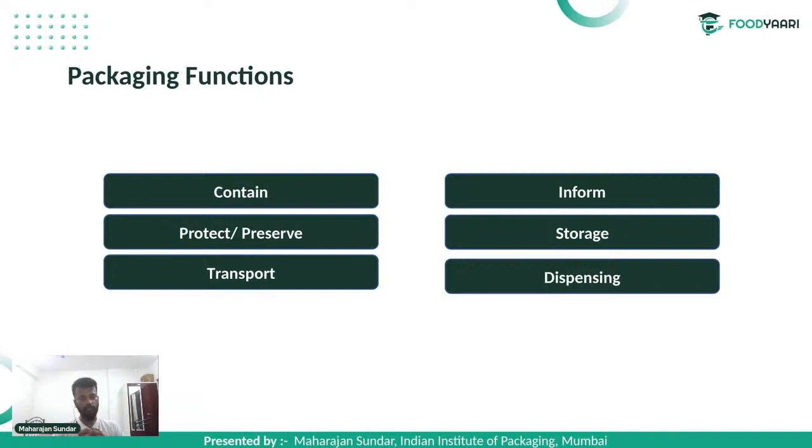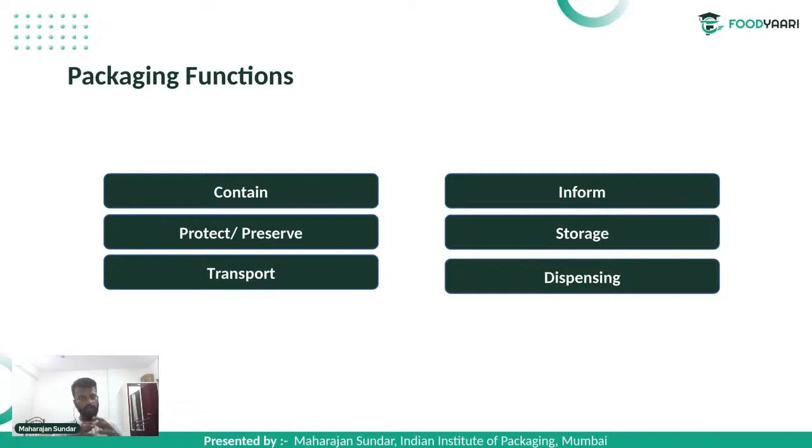We have to protect the product so that it is kept intact as it is manufactured, so the packaging material should serve the purpose of protecting and preserving the product which is packed inside.